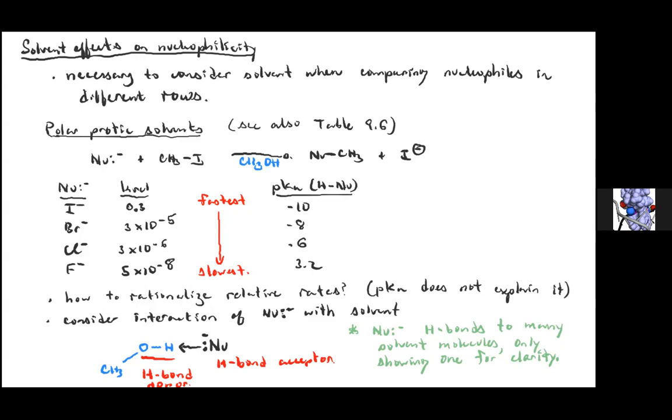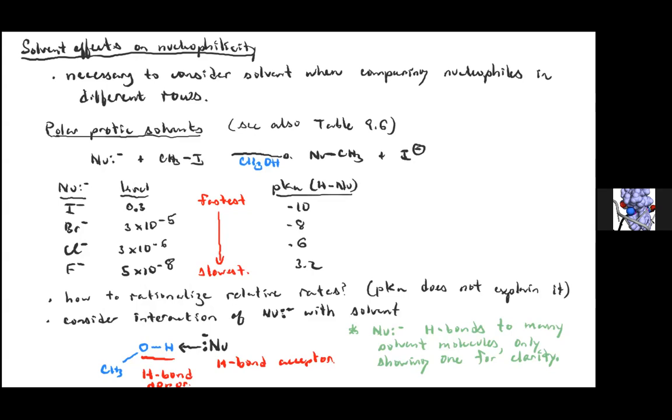So fluoride is going to hydrogen bond most strongly to any polar protic solvent in its vicinity. At the other end, HI has a pKa of -10, so I minus is very stable, and by comparison there isn't a strong driving force to hydrogen bond to solvent.